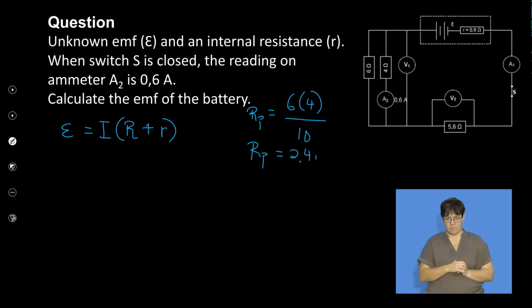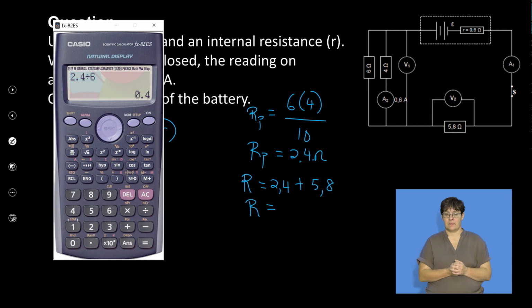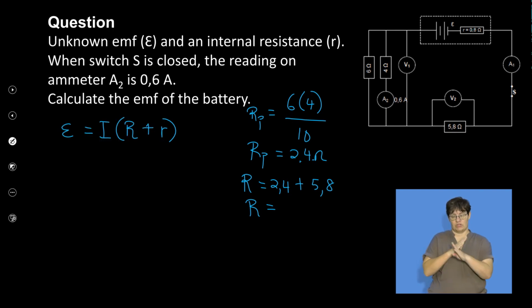Then the effective resistance in the circuit is equal to 2.4 plus the 5.8. This gives us 8.2. That's our external resistance, 8.2 ohms, right?